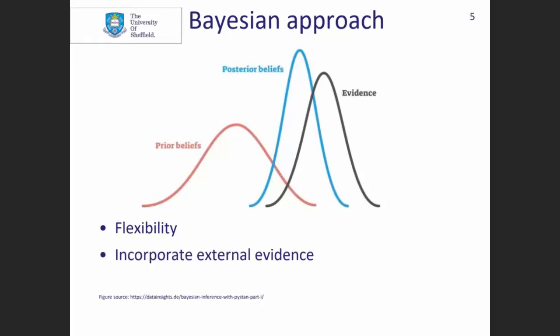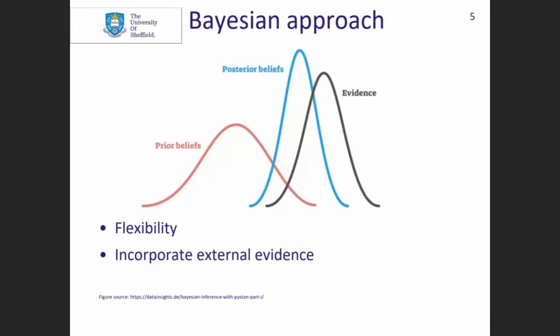blue curve. And one of the advantages of using a Bayesian approach instead of the frequentist approach is that this approach is very flexible. You can fit complex models using this approach. And also this approach allows for incorporating external evidence in the form of the prior distribution.